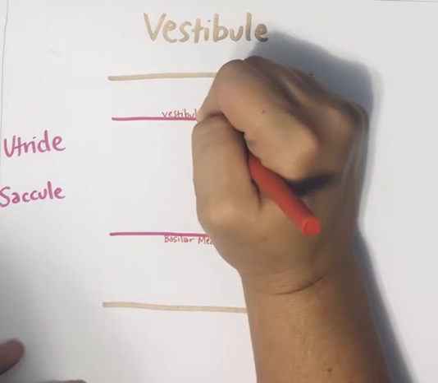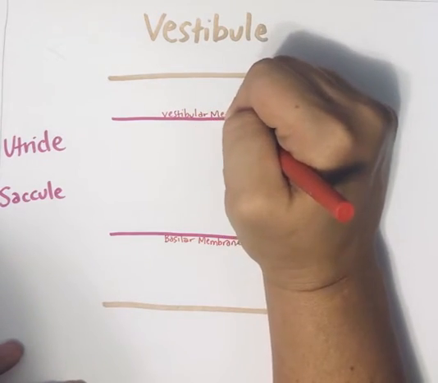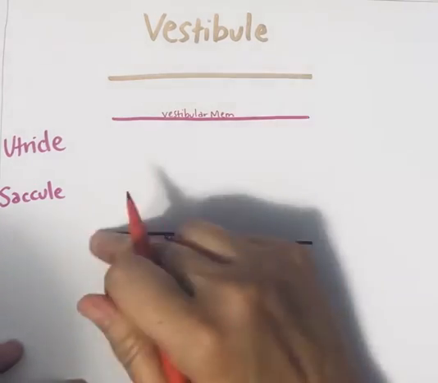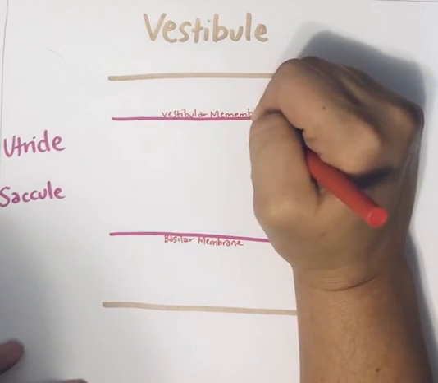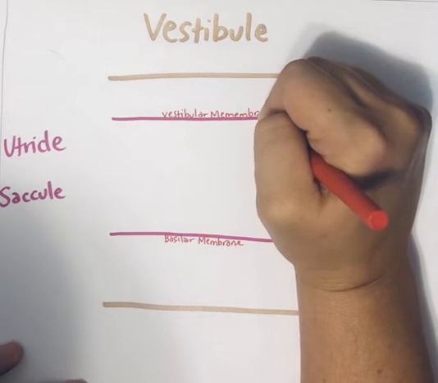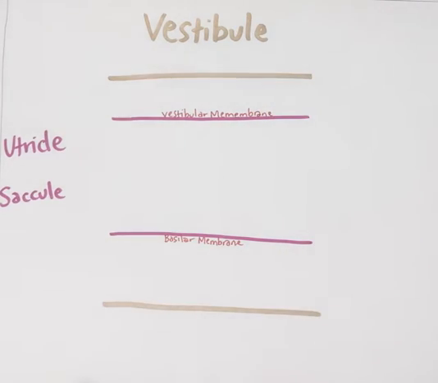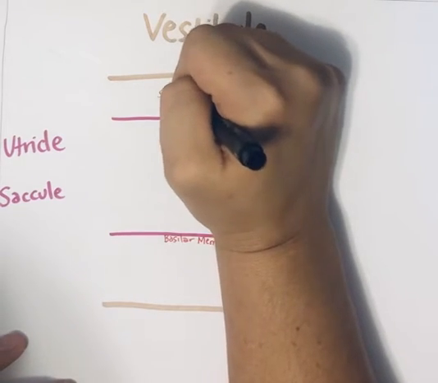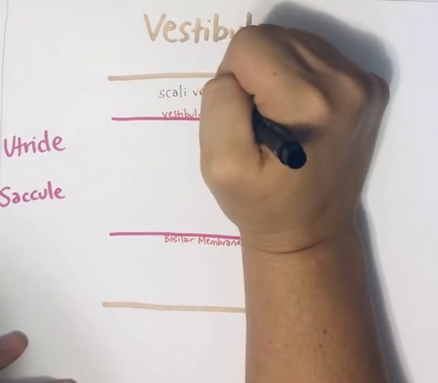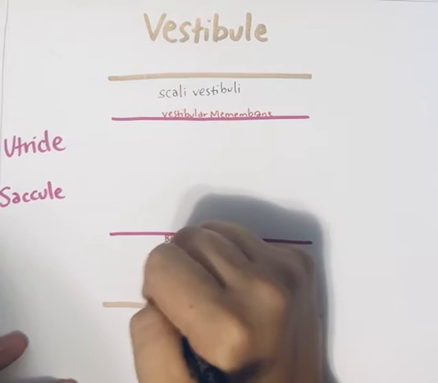The vestibular membrane is always on the top. That's what makes up the top and the bottom, and it divides it into three cavities. You can literally still label everything the same. Scala vestibuli, scala tympani.